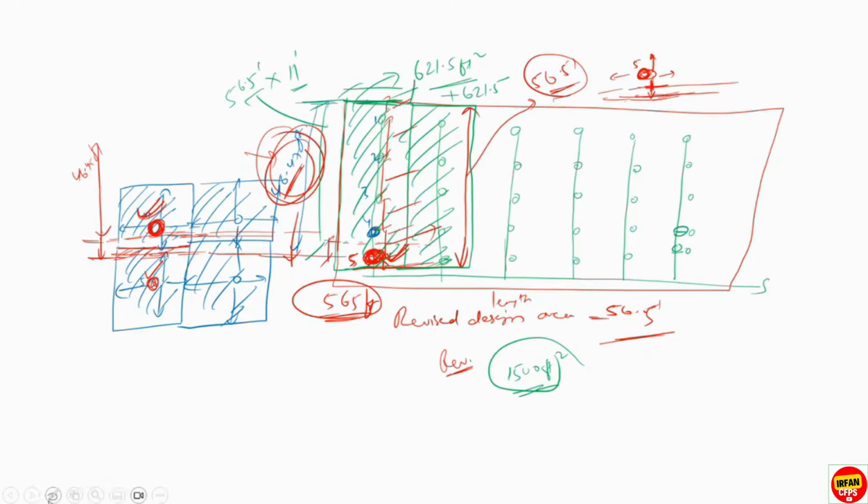Just a minute. So this area 621, again this area 621, 1242. Again, if you add 621, how much are you getting? For example, you are getting 1862, which is way more than 1500 square feet, right? So you need to cut it till 1500 square feet.